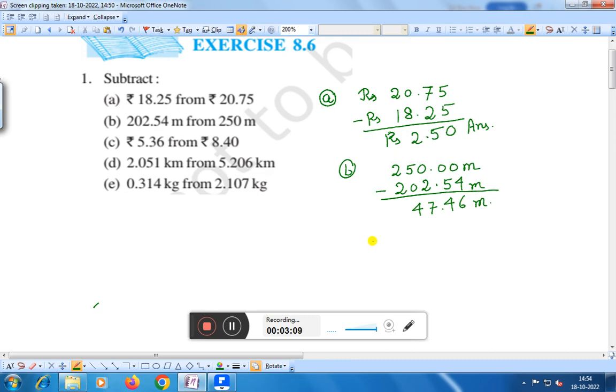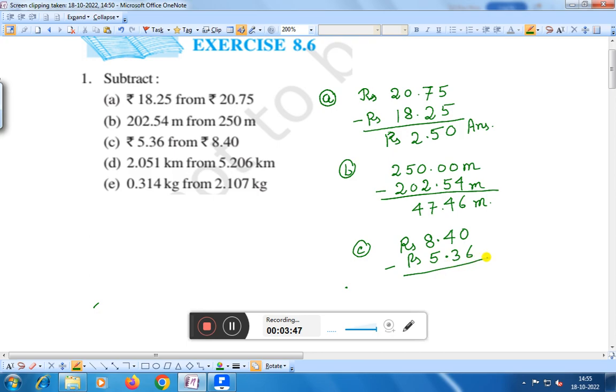Now question number C is subtract 5.36 from rupees 8.40. Question number C is rupees 8.40 minus rupees 5.36.